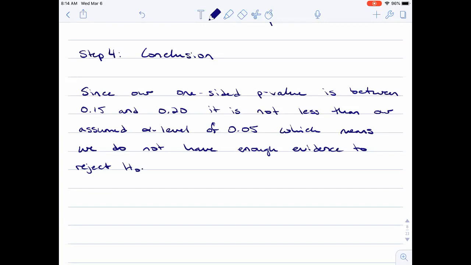Remember, your conclusion is always in terms of whether you can reject H0 or cannot reject H0, because we've done all our testing assuming the null hypothesis is true, so the alternative doesn't come into play until you've rejected H0. Then you should say what you've rejected it in favor of.